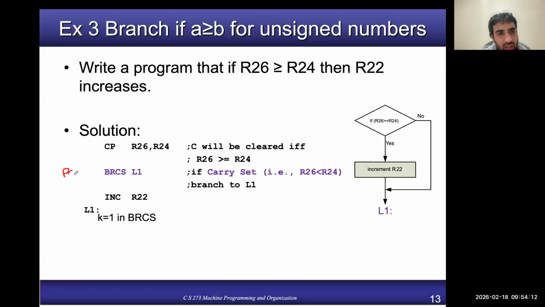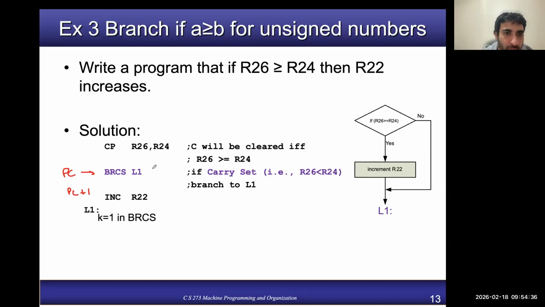When you are executing a branch instruction, PC is pointing to this instruction itself. What is PC plus 1? PC plus 1 is the next instruction in sequence, which is increment, right? And the instruction at L1 will be the one which is after the increment.